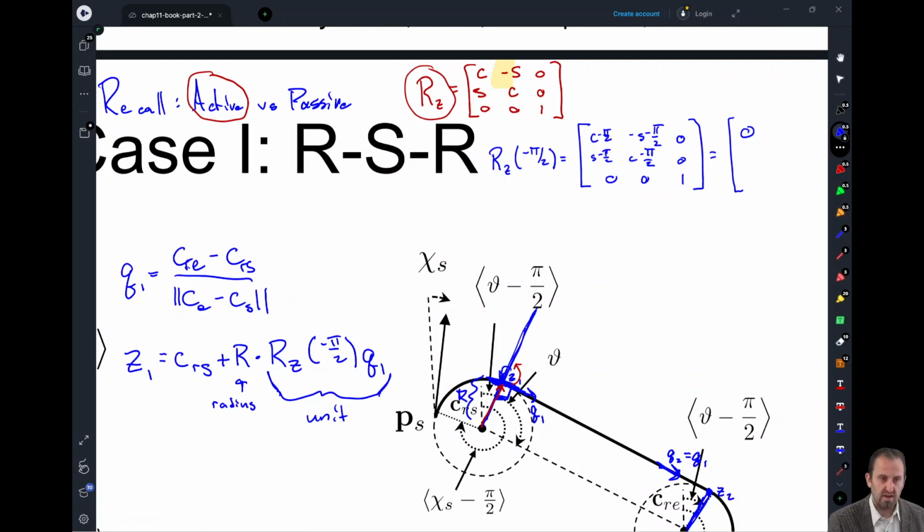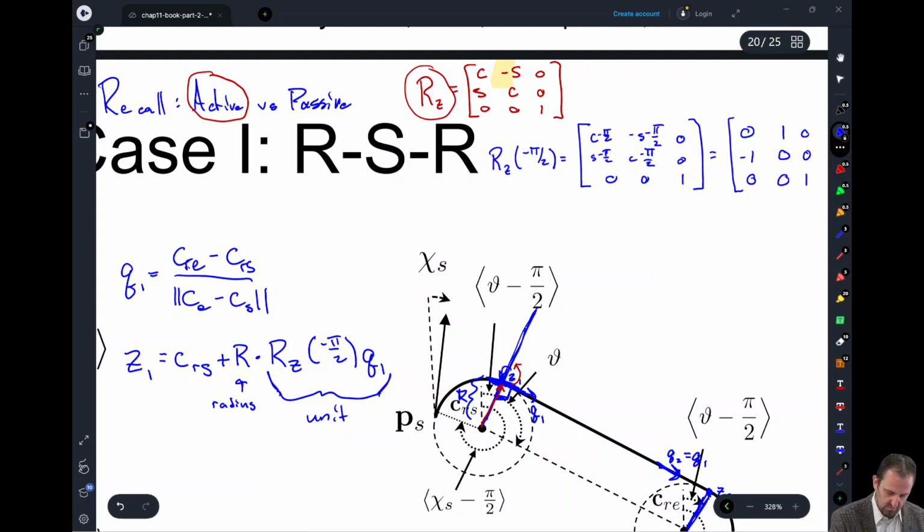Sine of pi halves is 1. Sine of negative pi halves is negative 1. And taking the negative of that, we'll just get a 1 out in front. So we'll do a 1. We'll get our negative 1 down here. We'll get a 0, 0, 0, 1 right there.